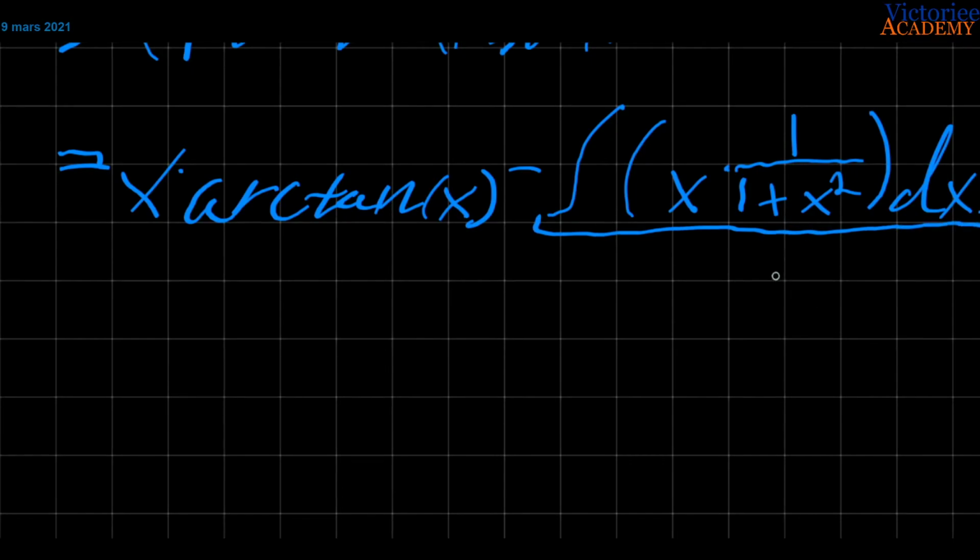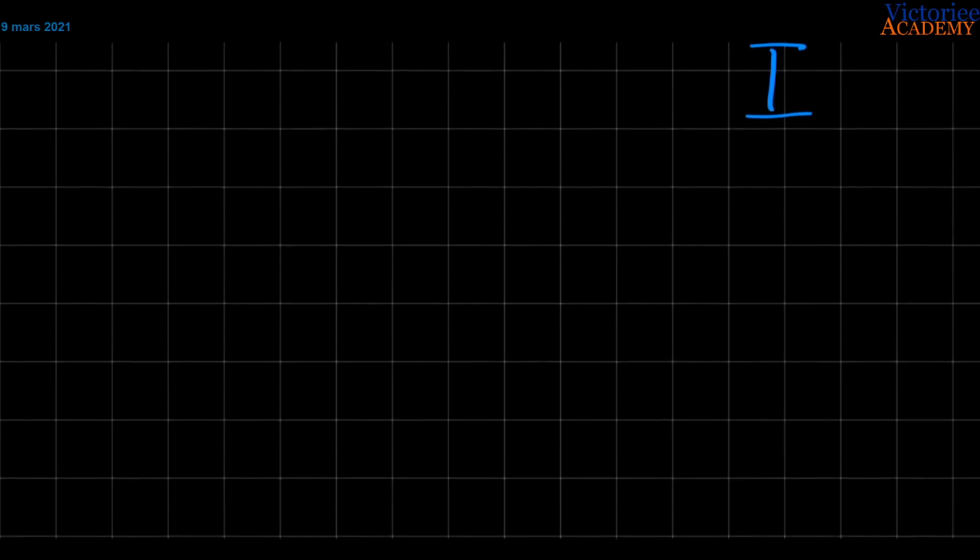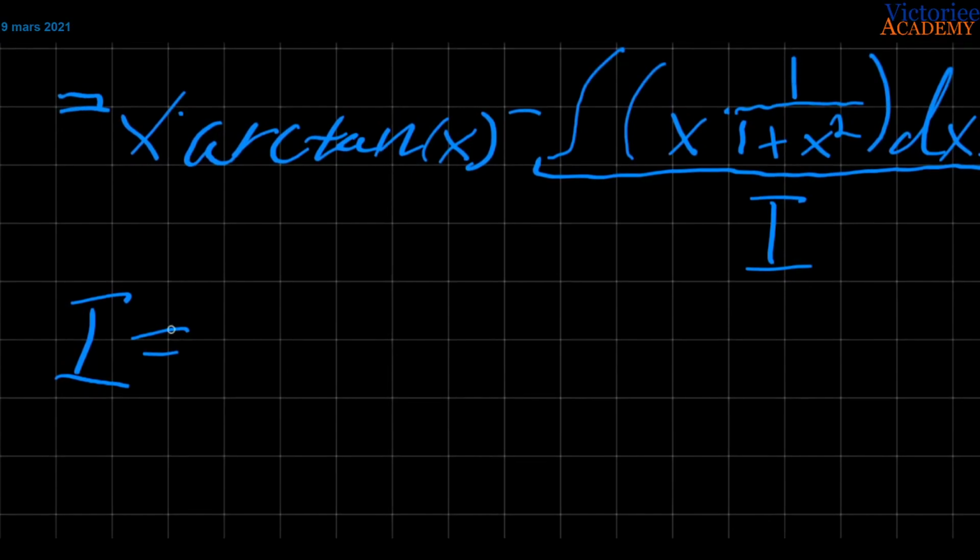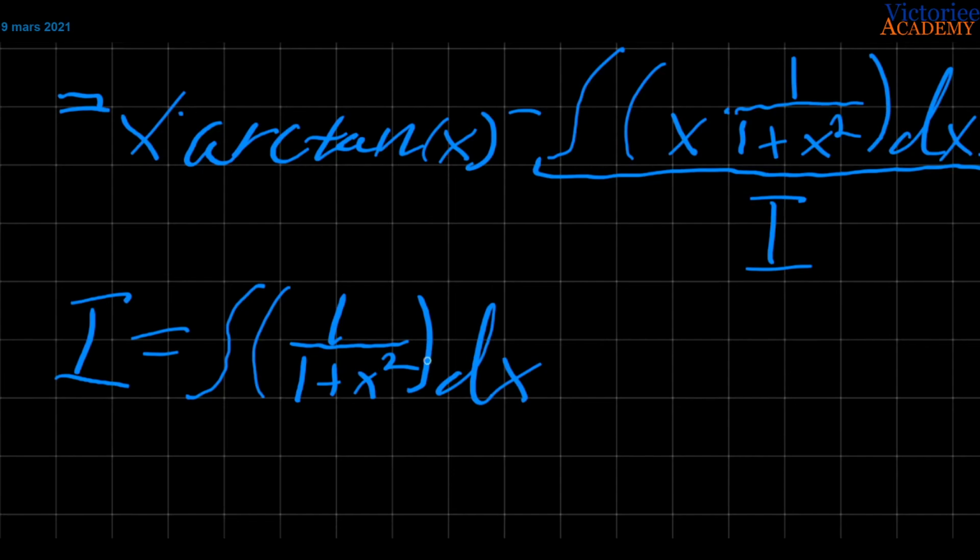So let's calculate this integral. Let's call it I for integral. So if we go on to calculate I, which is equal to the integral of x over 1 plus x squared, dx.